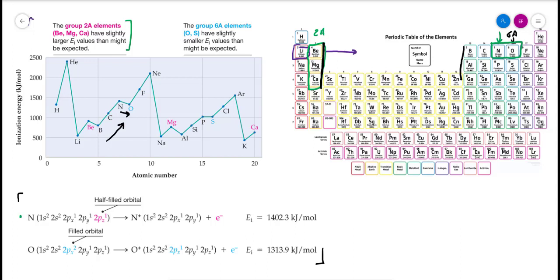In that case, it's perfectly half-filled, right? We could write this out as the 2p, where we've got one electron in each in its valence state. So if you're going to remove an electron from this and ionize it, you're going to have to grab one of these electrons out of the half-filled 2p orbital set.